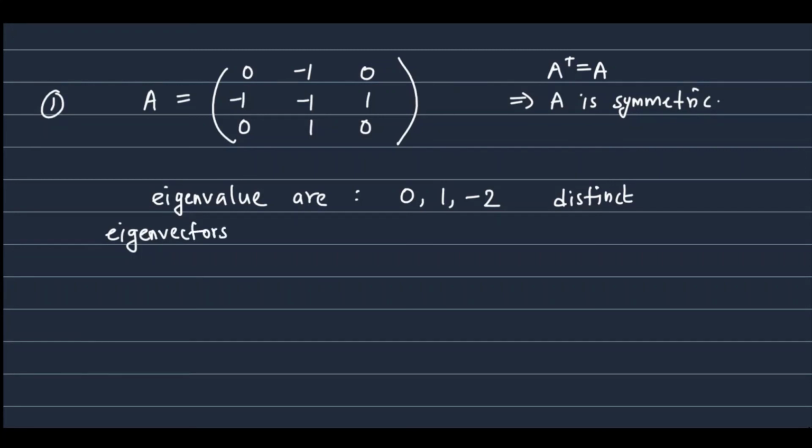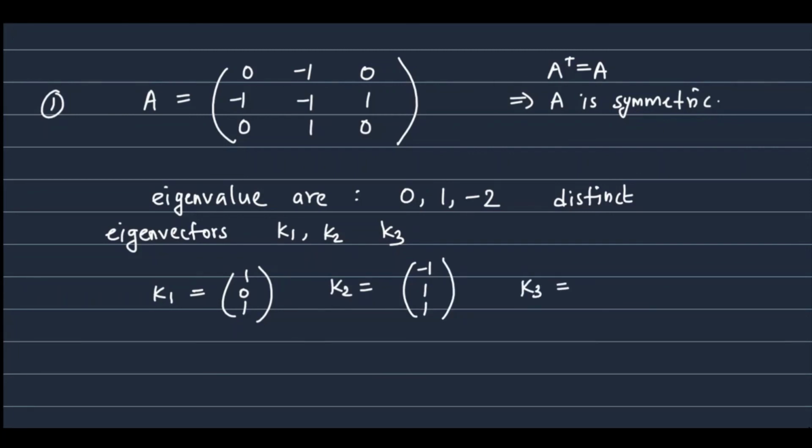The eigenvectors are k1, k2, k3, where k1 is equal to 1, 0, 1; k2 is equal to minus 1, 1, 1; and k3 is equal to 1, 2, minus 1. So these are the eigenvectors.